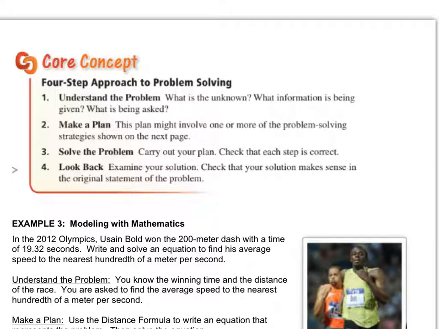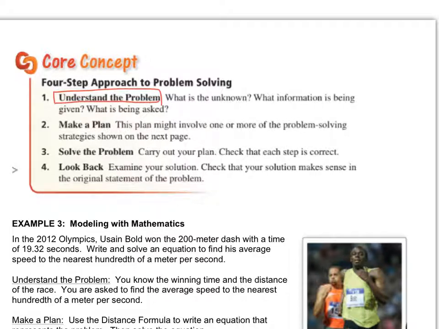Alright, now a lot of times with word problems, which is what we're going to look at in a moment, kids start freaking out because they say, I don't even know where to start. So, here are the 4 steps to doing a word problem. So the first thing that you have to do is obviously you have to understand the problem, right? So you have to know what the problem is asking, what information is there.